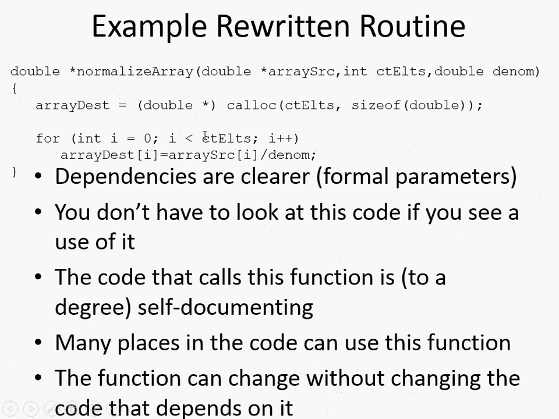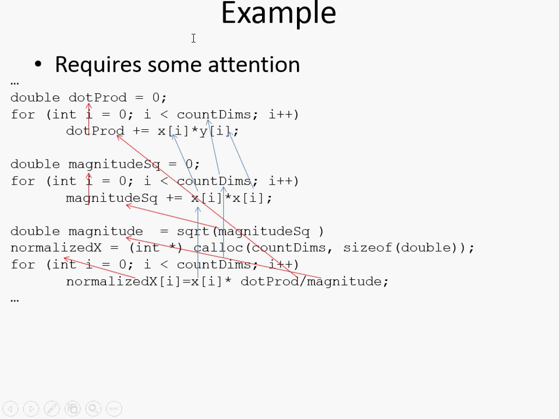Okay, I don't want to belabor this point, but here dependencies are clear. You don't have to look at the code for normalized array or for array total unless you actually want to. It's to a degree self-documenting, and many places in the code can reuse this, right? A function can change without changing the code that depends on that. We're going to be coming to that.